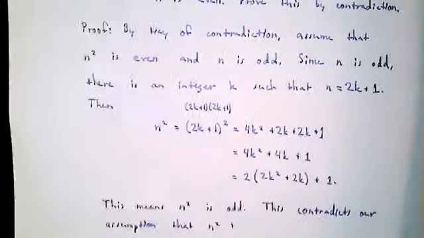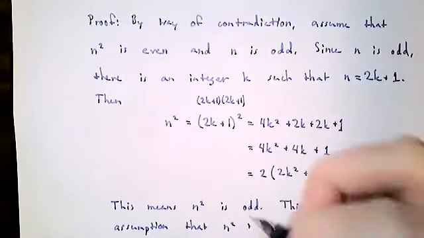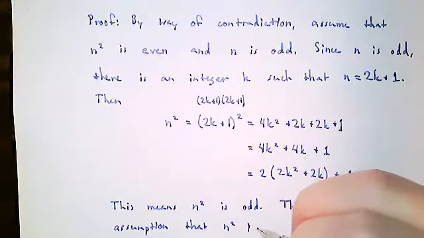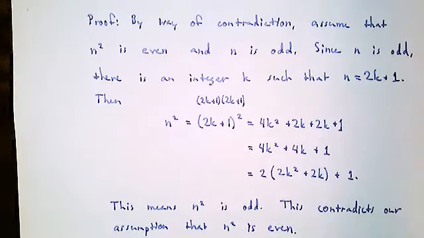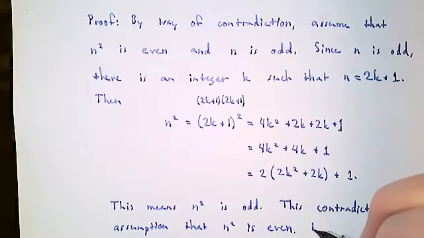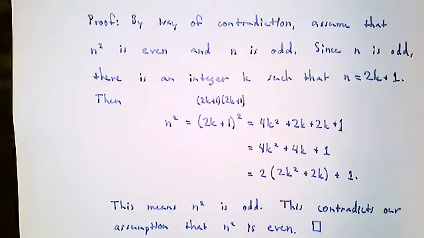Oops, and you can't see my last line. And that finishes the proof, because we found the contradiction. Okay, are there any questions on what we did or how that works?